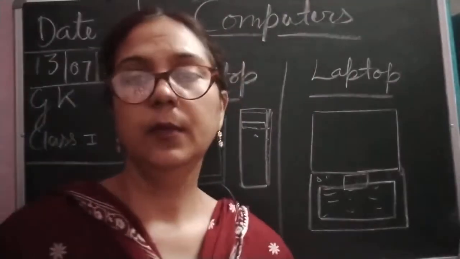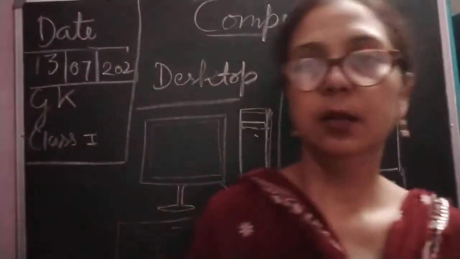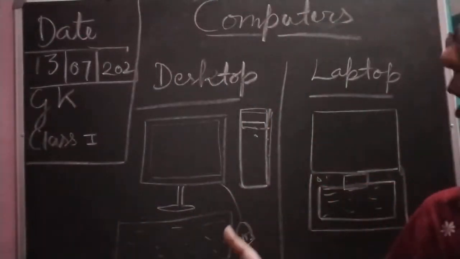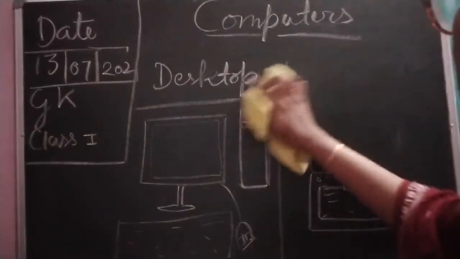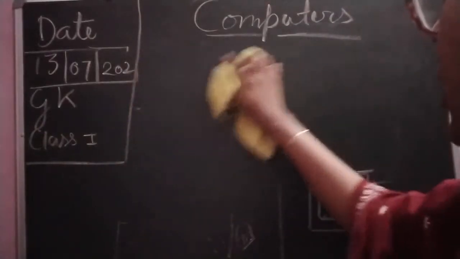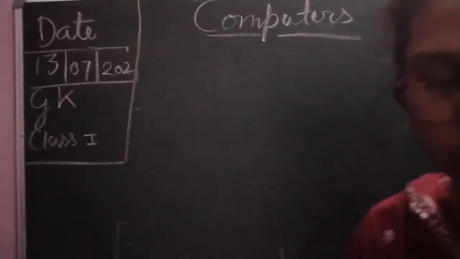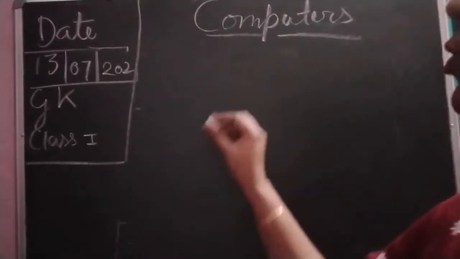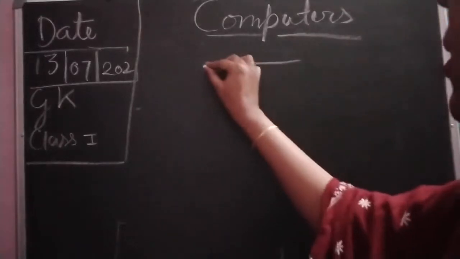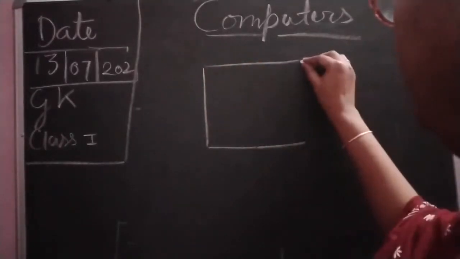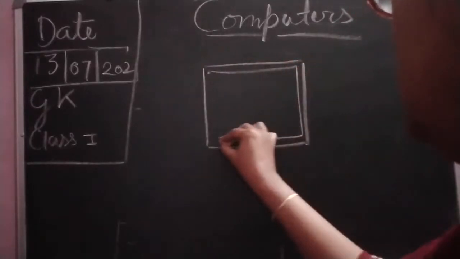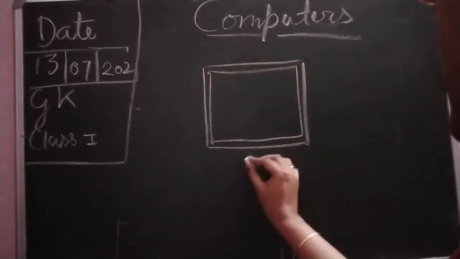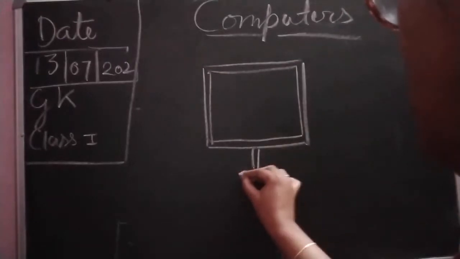So children, I am going to draw this once again, so it's quite easy to understand. I am going to draw this part of the computer from which we can see anything.